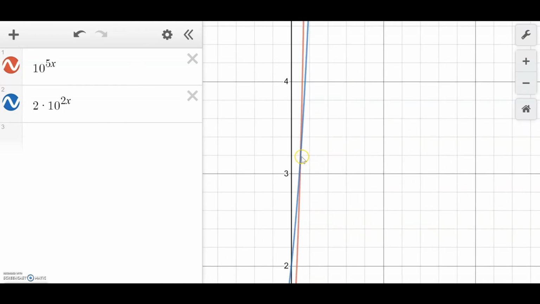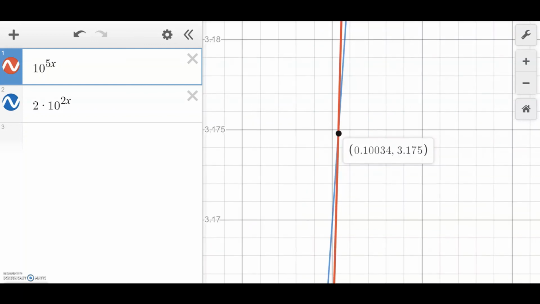And what we are looking for is the value of x where these graphs intersect. If we zoom in and select the point of intersection, we can see that this x value, when rounded to 3 decimal places, is 0.100, just like we solved for algebraically. So that's another way that you can find your point of intersection, or the value of x that makes both sides of the equation equal.